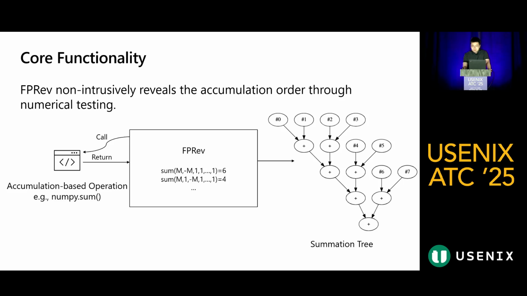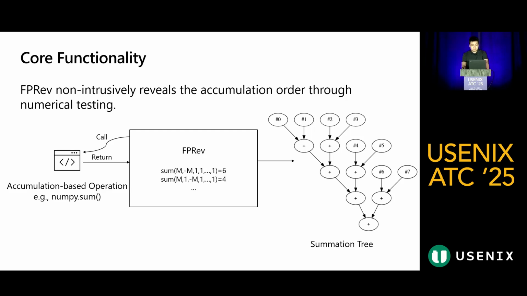For an implementation of an accumulation-based operation, we aim to design a diagnostic tool to reveal its accumulation order. This figure shows our approach. The input of our tool is the implementation of the operator, and the output is the accumulation order.